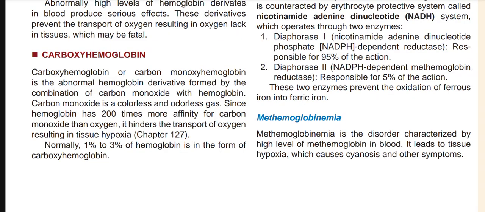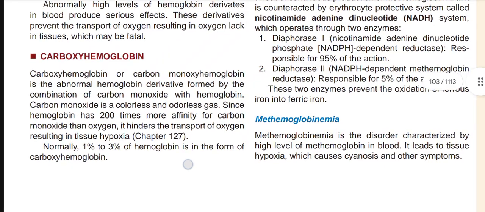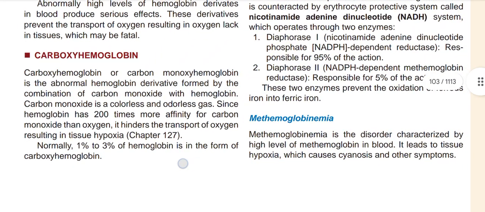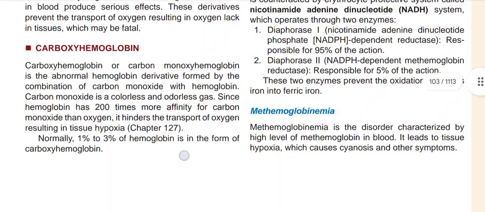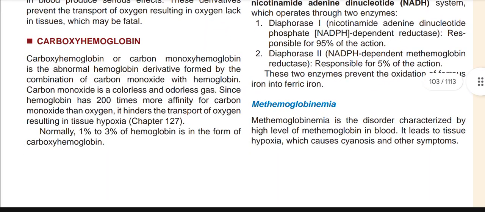Carboxyhemoglobin or carbon monoxyhemoglobin is the abnormal hemoglobin derivative formed by the combination of carbon monoxide with hemoglobin. Carbon monoxide is a colorless and odorless gas. Since hemoglobin has 200 times more affinity for carbon monoxide than oxygen, it hinders the transport of oxygen, resulting in tissue hypoxia.